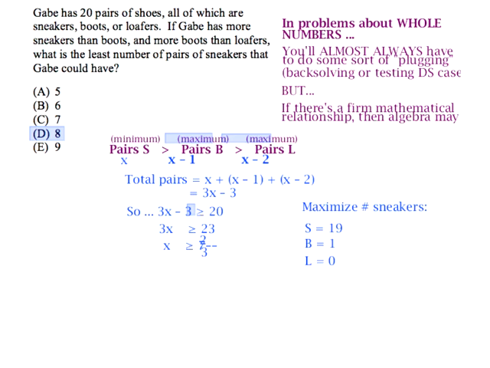Because if you say all of these things are either this or that, it doesn't mean you have all three of them. It is perfectly possible that you would have none of one type. 18, 1 and 1 still wouldn't work because you have to have strict inequalities, and 1 is not greater than 1.